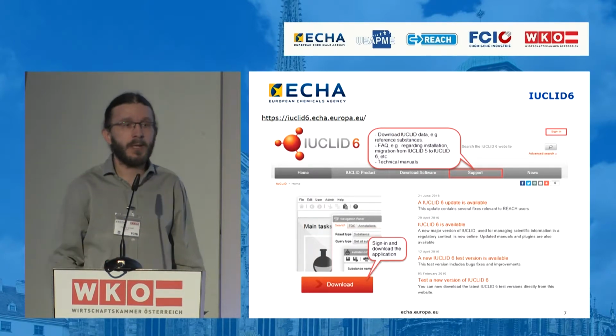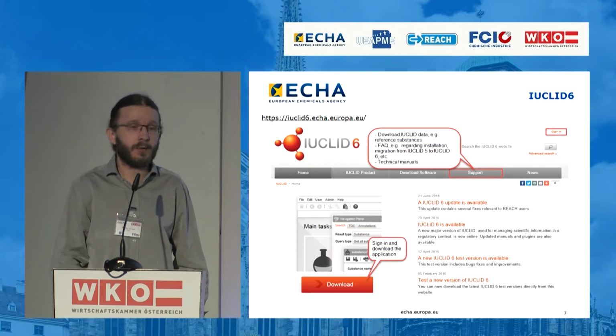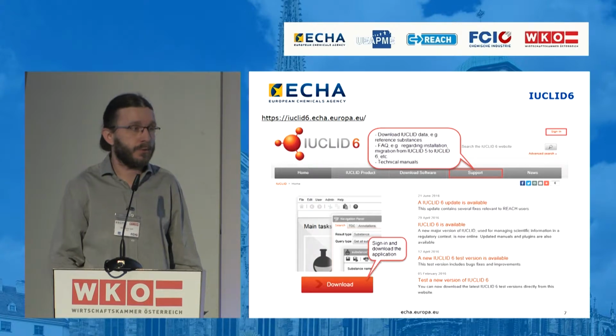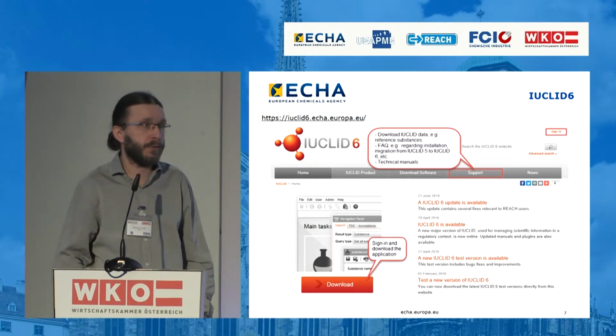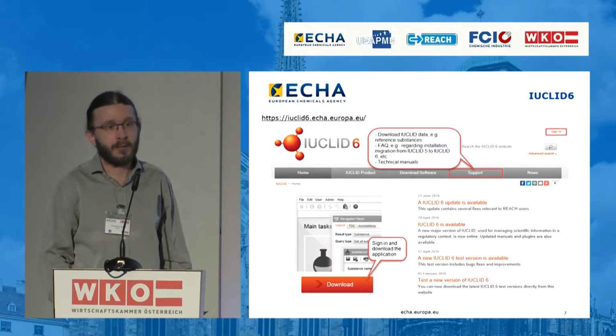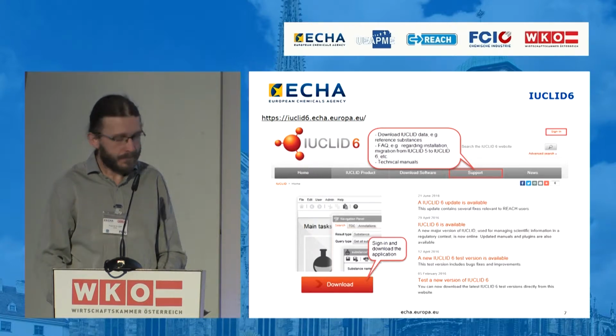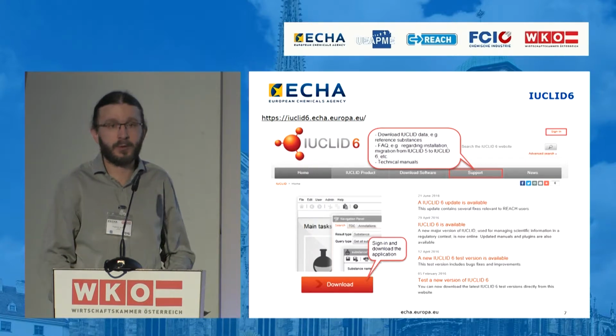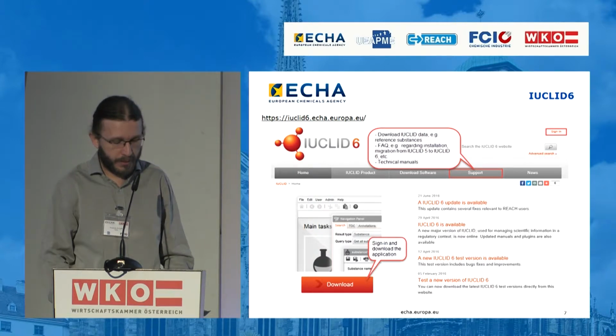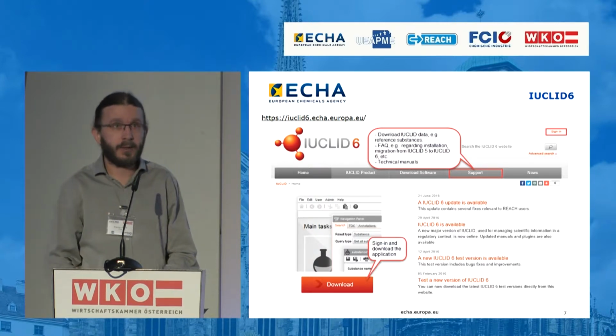Here we always publish a webinar to present the latest changes and also to update all the users about the feedback we receive from the users concerning the tool. So usually we have 400 or 500 participants, and afterwards the webinar is available on YouTube for you to watch if you did not manage to attend the event live.